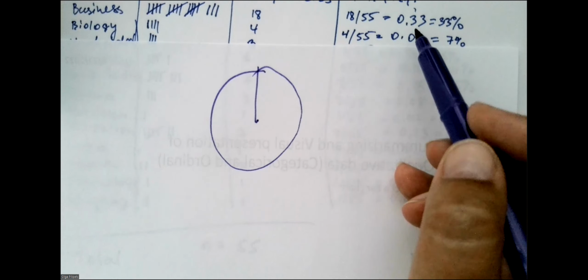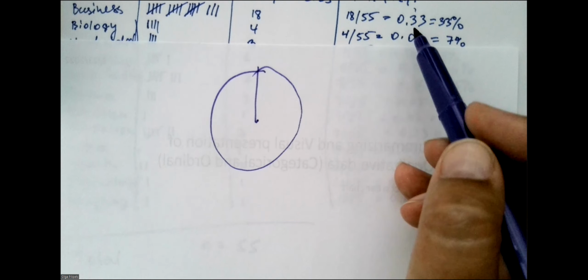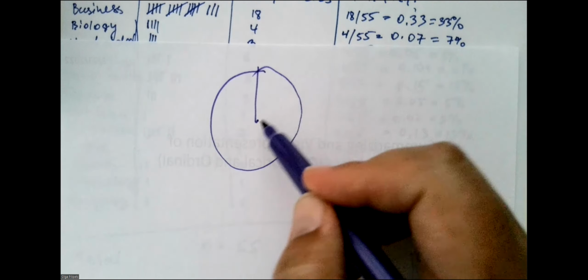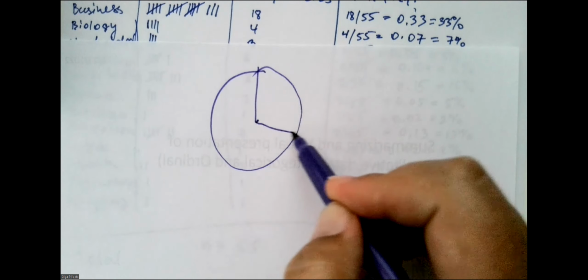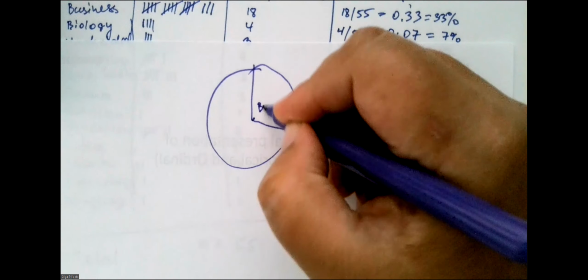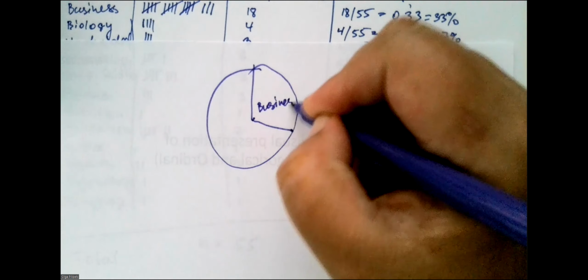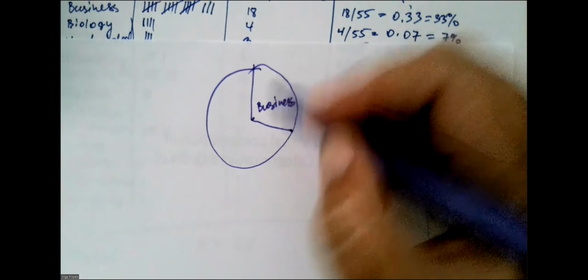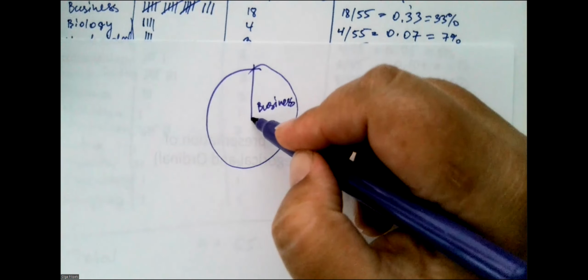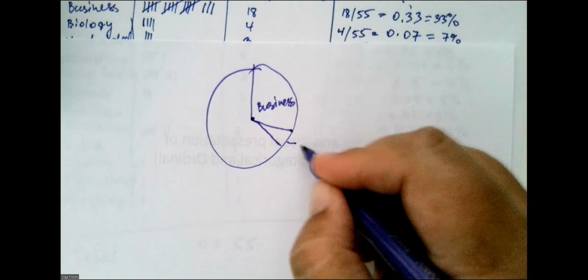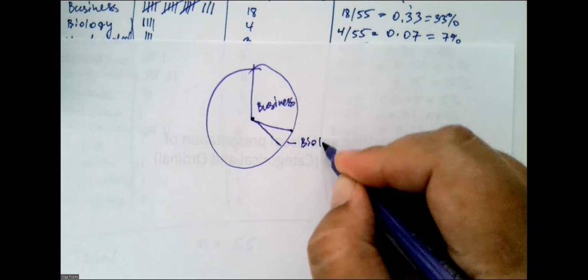So in this case, business is going to cover 33% of the area of the circle, which is exactly a third, actually. So this part will represent business majors. And then for biology, we have only 7%. So it's a way smaller piece. So biology and so forth.